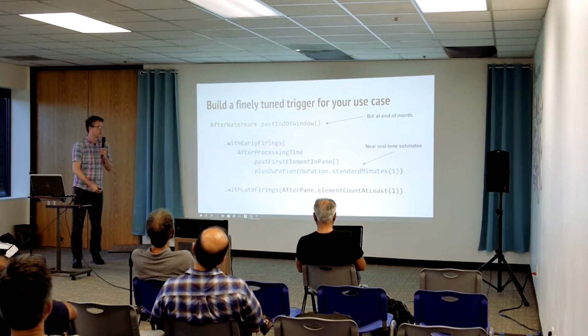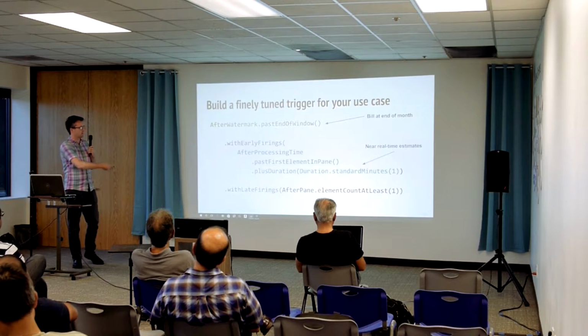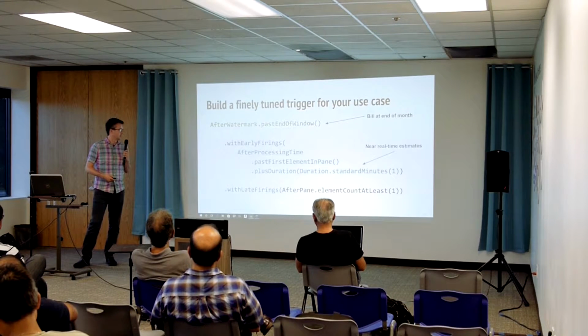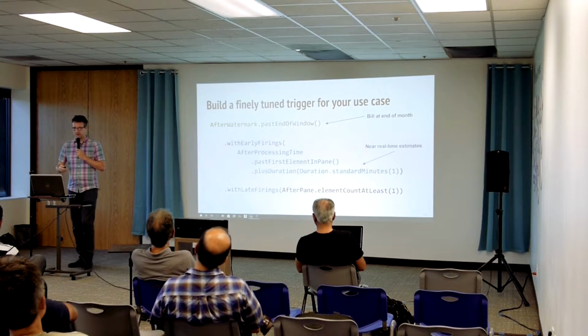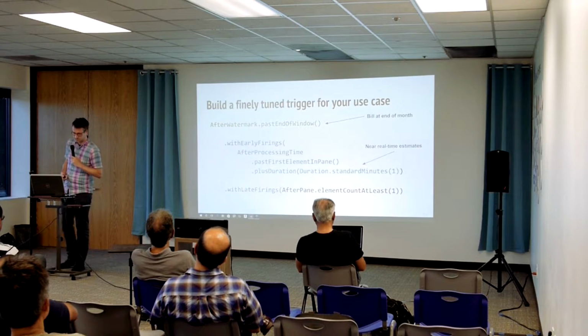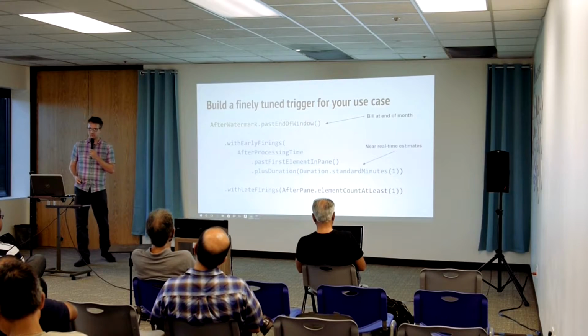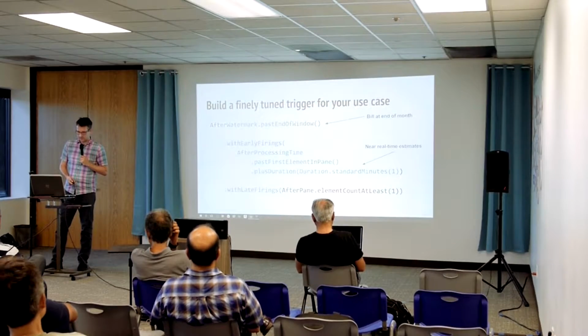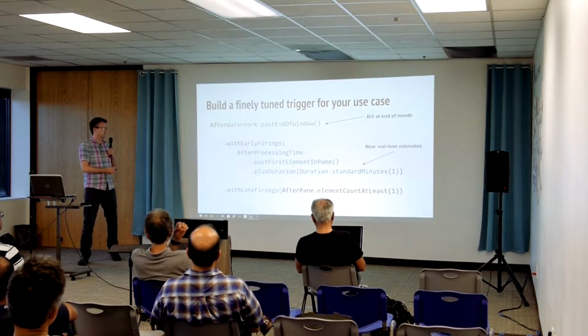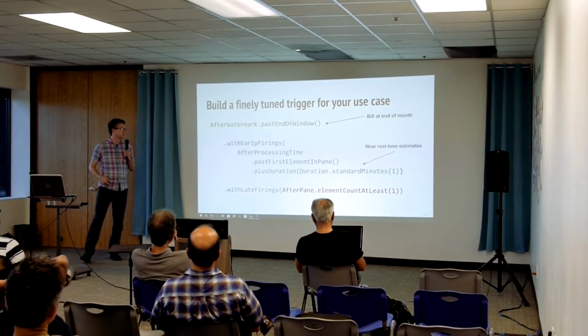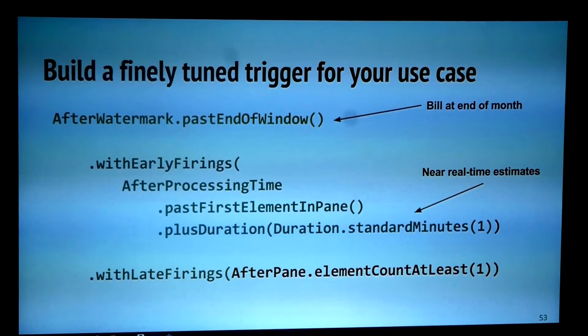It's not strict that I output before 1 minute, but you're going to get output around a minute afterwards. And in effect, I guess you'd say it's throttled to 1 minute. And then this will give us our near real-time estimates of the running total that a user is going to want to look at when they go online and check out their account.